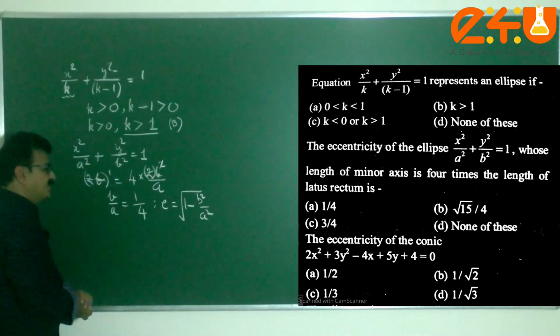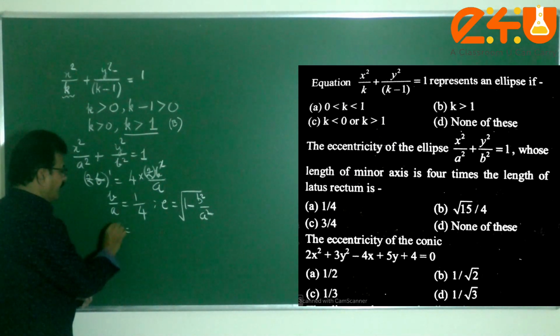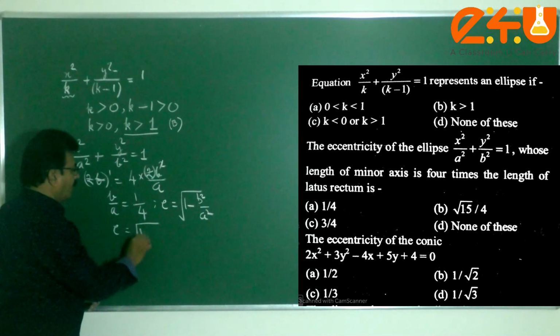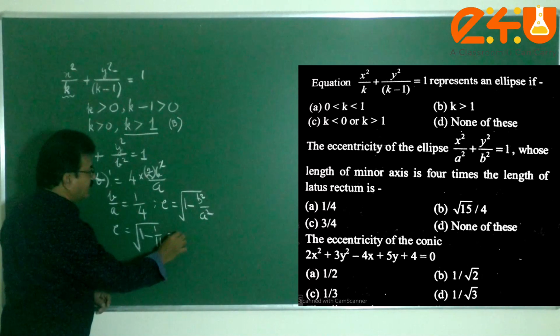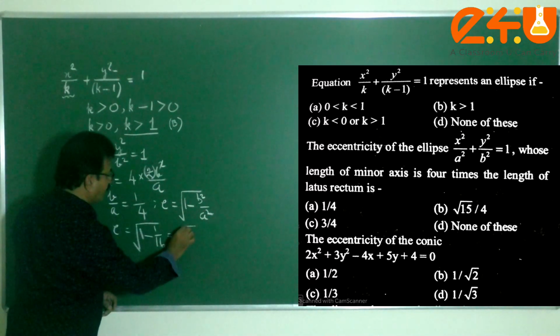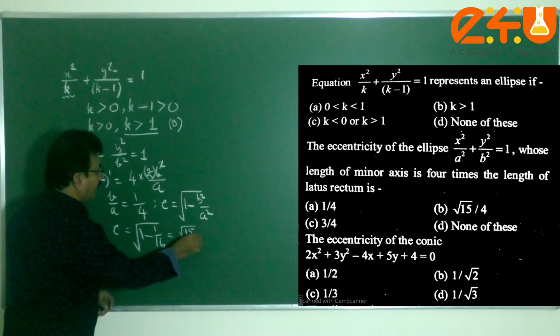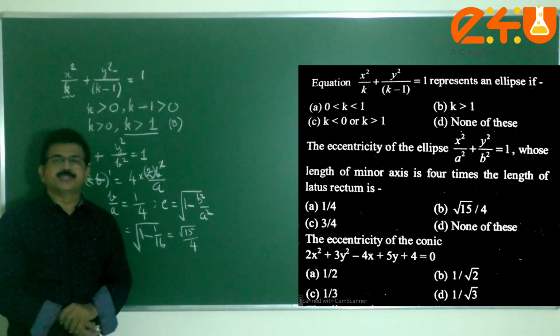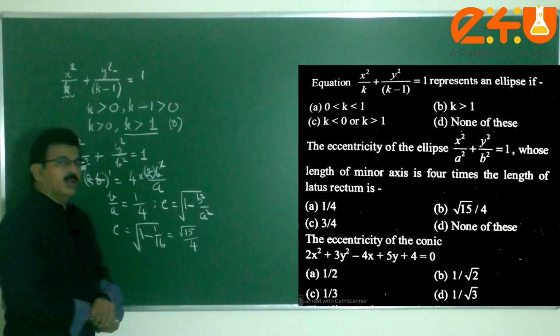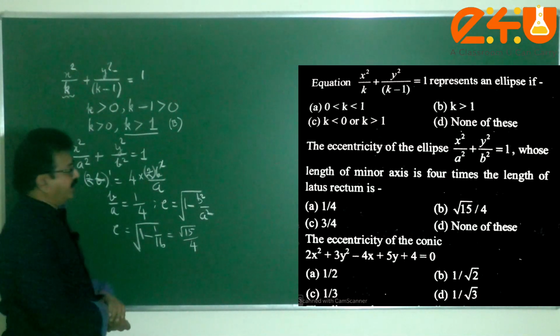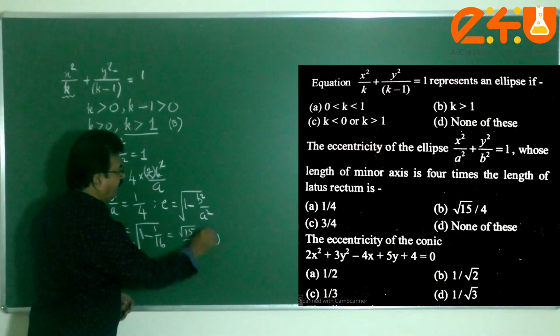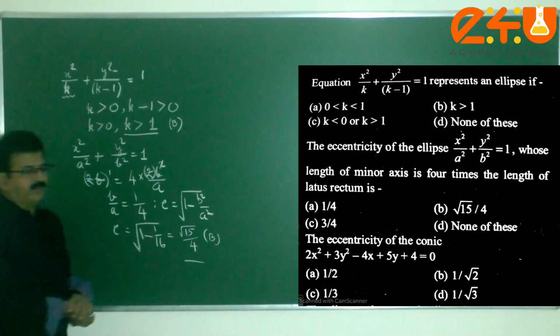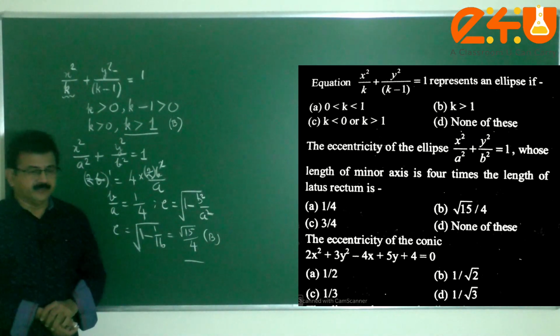So we get 1 minus 1 by 16, that gives root 15 by root 16, so it becomes square root 15 by 4. Look for the option. You can find the value in option B.